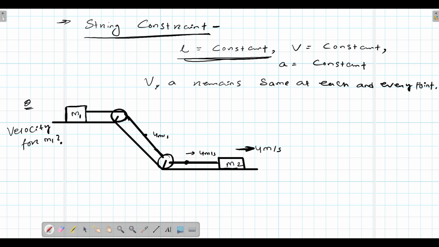So speed at m1 is also 4 meter per second. That is the answer.